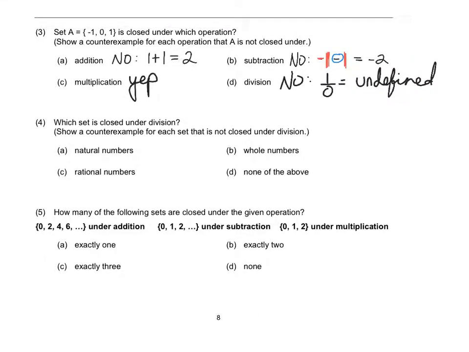Now we start jazzing it up a little bit. You can expect a problem like this definitely on a quiz or a test, and definitely on the Regents exam. It always comes up. Which set is closed under division? This becomes challenging because if you don't know what these sets are, then game over. You might know what closure is, but now it becomes a guessing game.